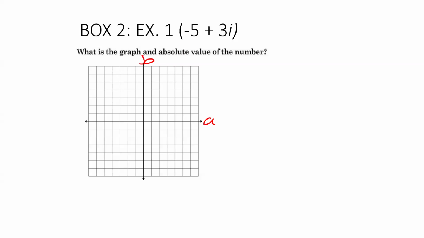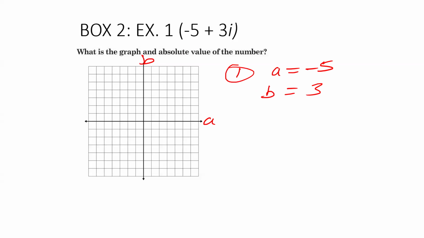Notice I did not call them x and y. I call them horizontal and vertical. Step 1 is to identify your pieces. So your a in this case would be what? What's your real? -5. It is the number without i. What's your imaginary? 3 is the number with i.